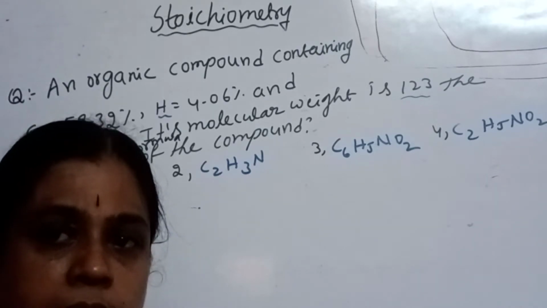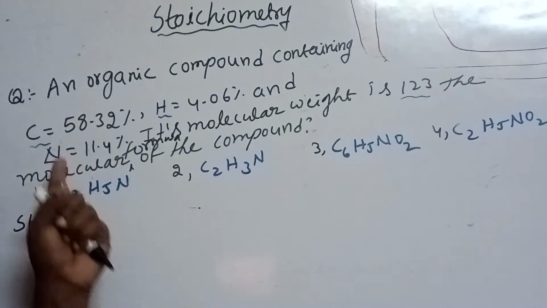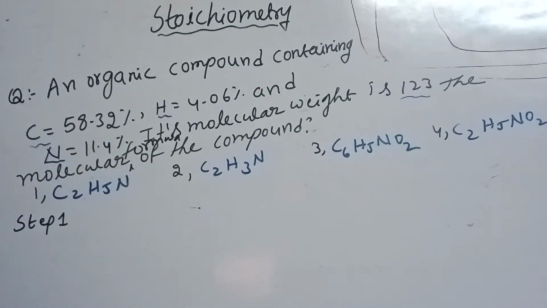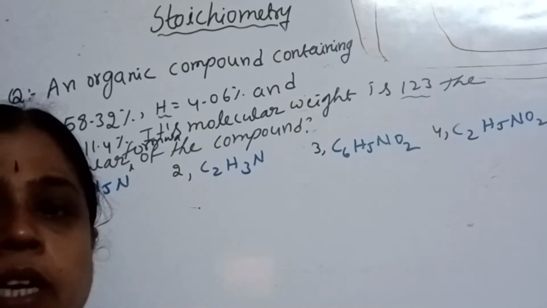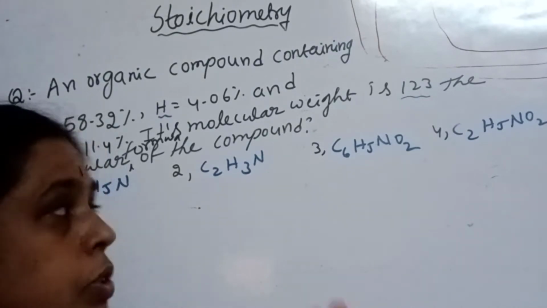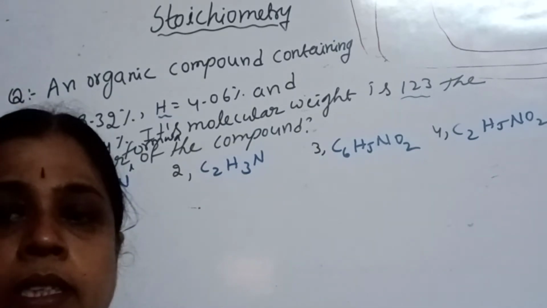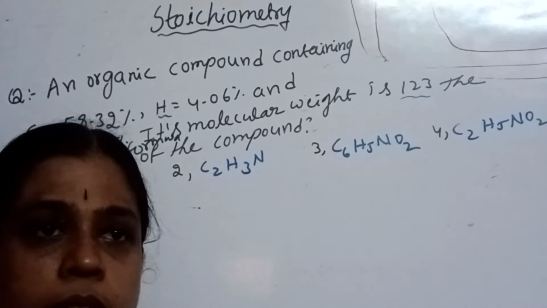Then only can we decide that the given organic compound contains only 3 elements. If the sum of the mass percentages is not equal to 100 percent, then we can imagine that one more element is also there.